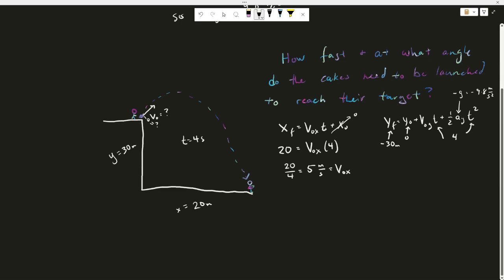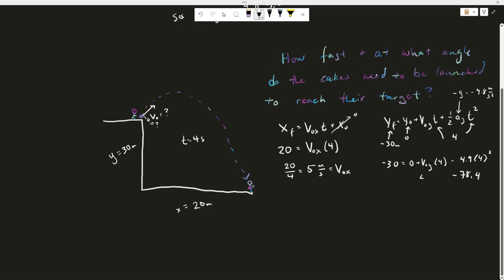So if I make those replacements, I'll get minus 30 equals 0 plus v naught y times 4 minus 4.9 times 4 squared. If I do this part, this 4.9 times 4 squared, I'll get negative 78.4.